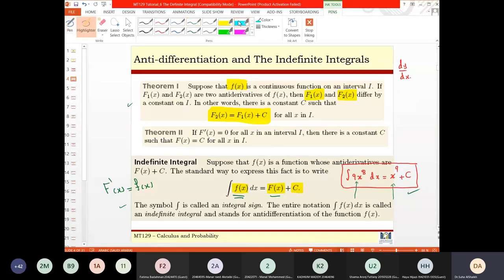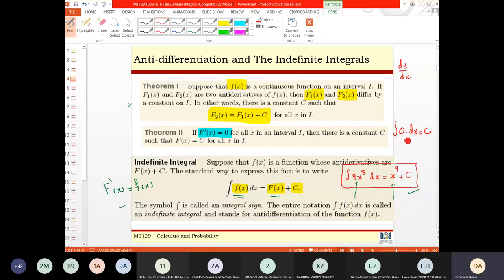Now, theorem 2 is about the integration of the zero function. If f dash of x is equal to 0, meaning I want to find the integration of 0 with respect to x, what's the integration? It's the constant.